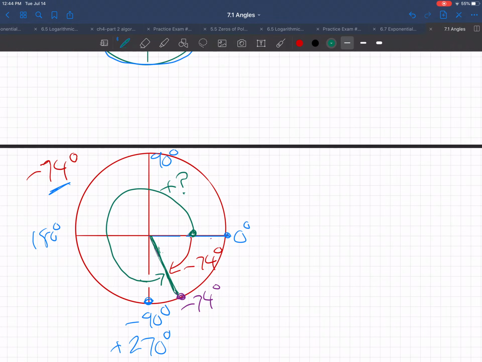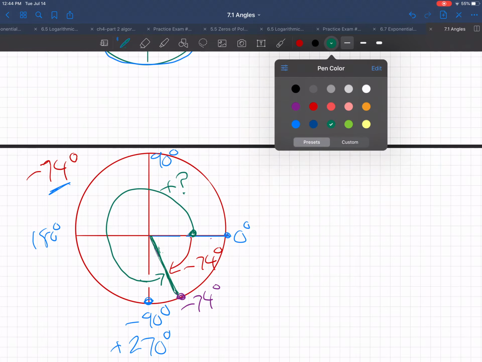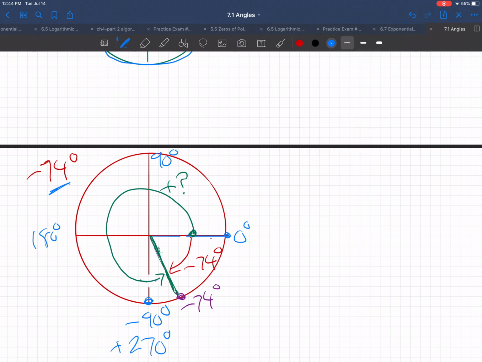Well, what we could do is let this angle go all the way to 360 and then back up 74, right? 360, back up 74 degrees.